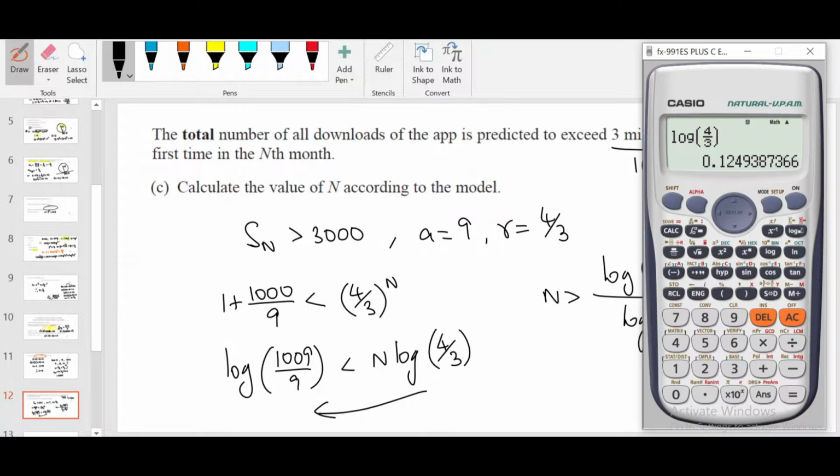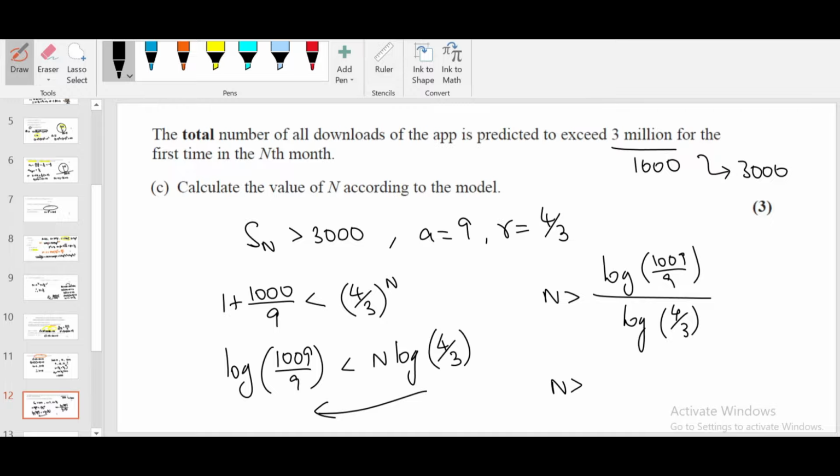Calculate this value: you get 16 point something. So n is greater than 16.40. Therefore, take the next integer, 17. That's the value of n.